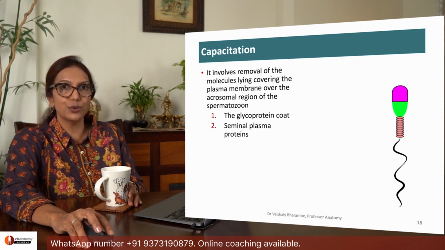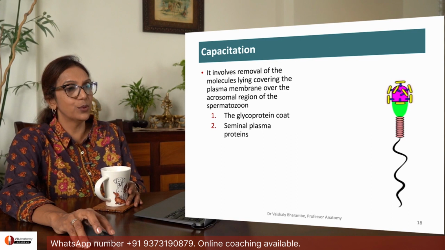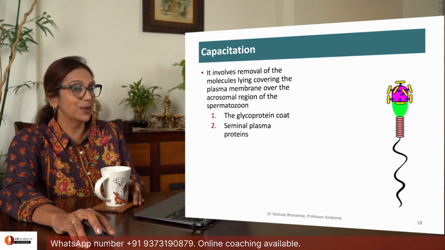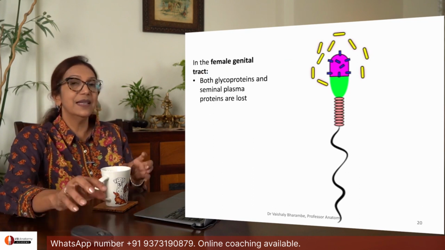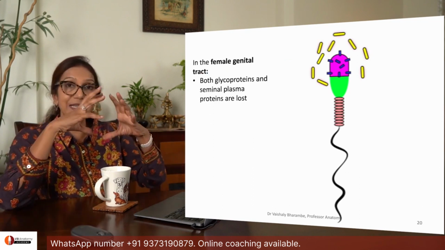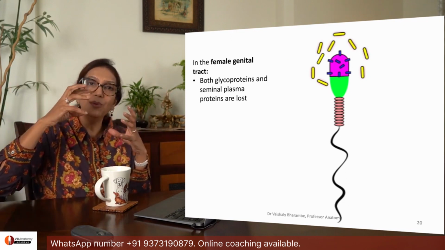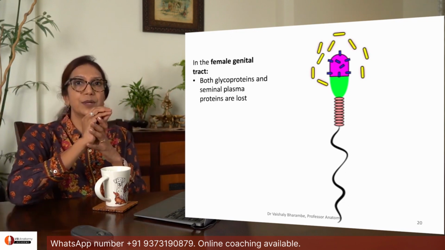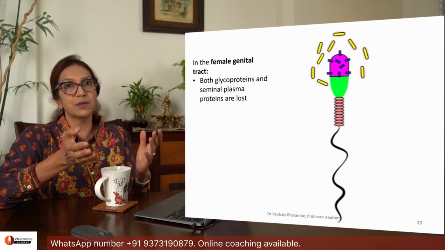Here's a spermatozoon covered by glycoprotein and seminal plasma protein. See the yellow things, okay? What happens in capacitation is that these are lost. You can see that they are lost. And suddenly, the molecules that are covering the head end of the sperm, which are capable of binding Zona pellucida, are now exposed.